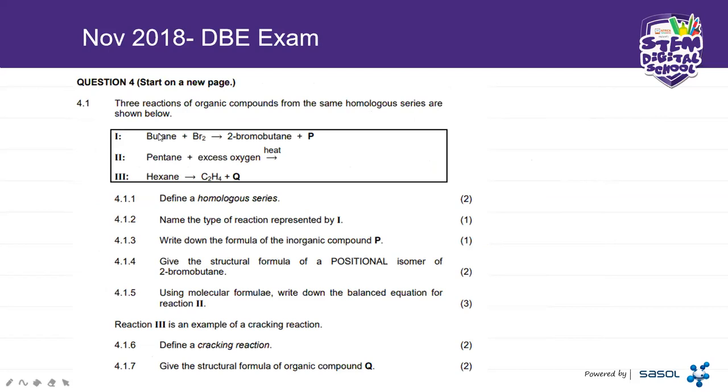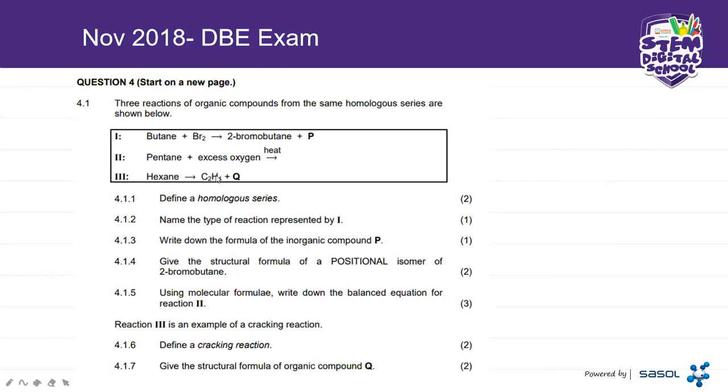It's a butane plus Br2, so it's a halogenation. Okay. And then number 2, we've got pentane, but I already mentioned this is a combustion reaction. And this one, it's from 1 split, it's an elimination reaction. Because you take hexane, you make it into smaller parts that are much more useful.